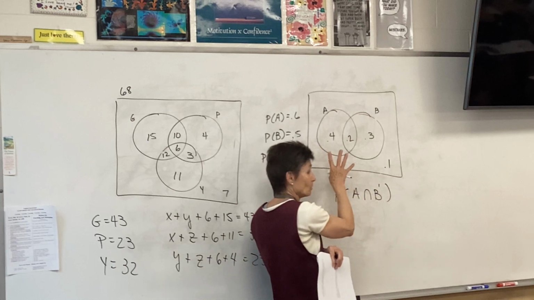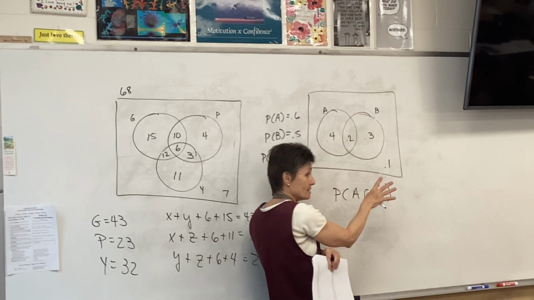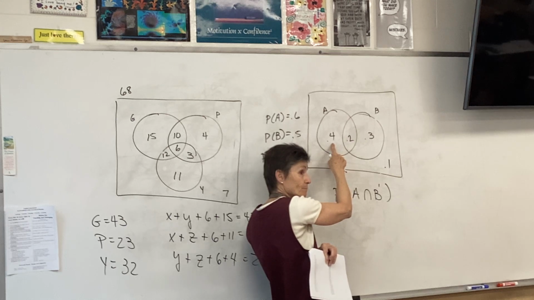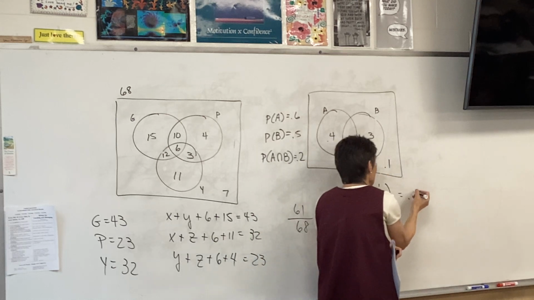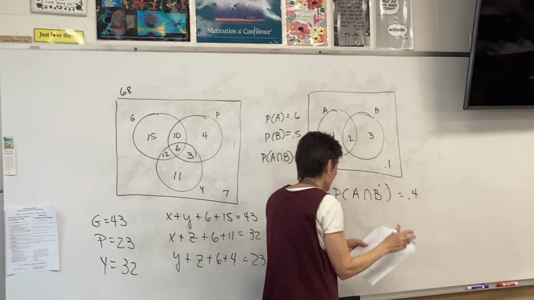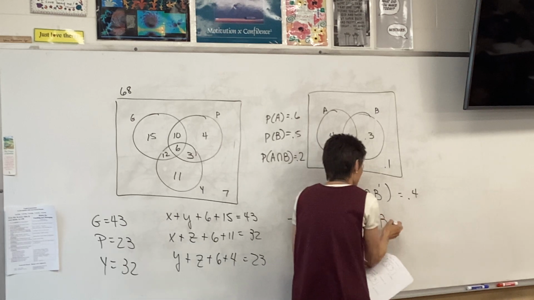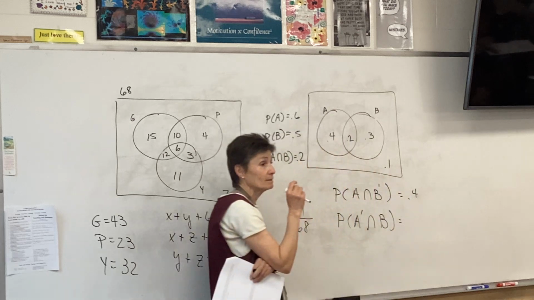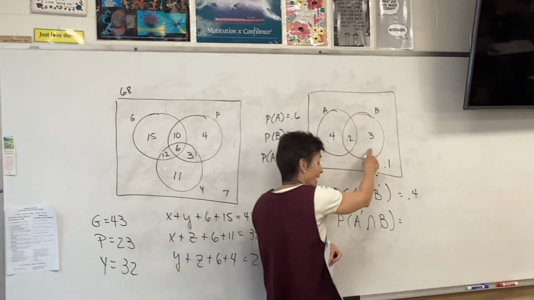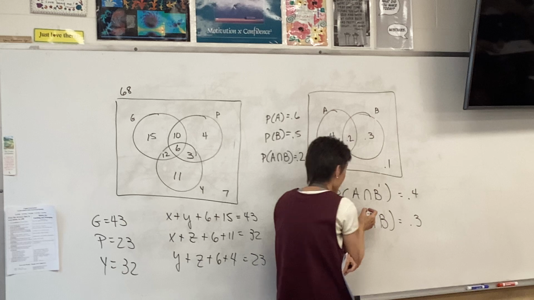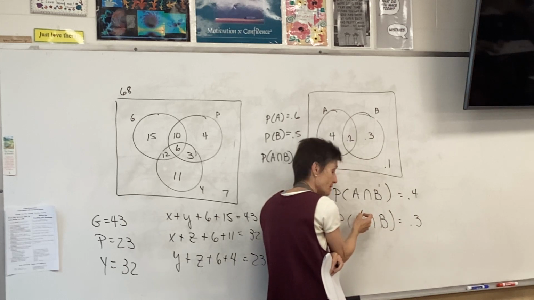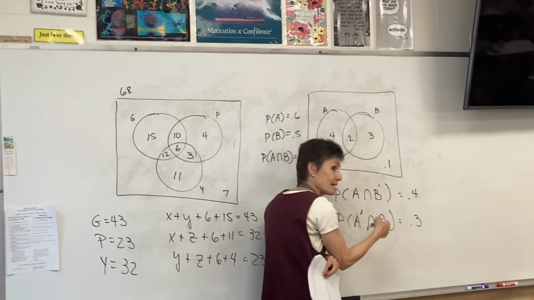If I like apples but not bananas, aren't I right here? 0.4. This is, I don't like apples, but I do like bananas. That's these guys, 0.3. Remember, the hash is not, the upside down U is and, both.